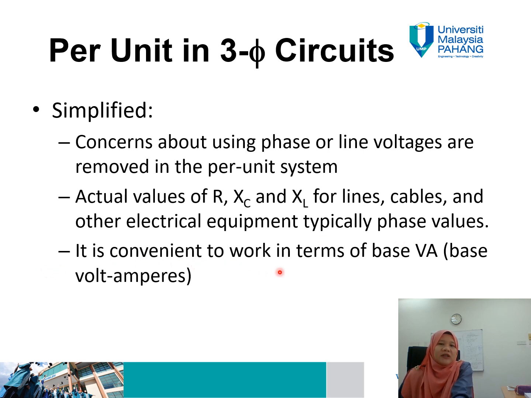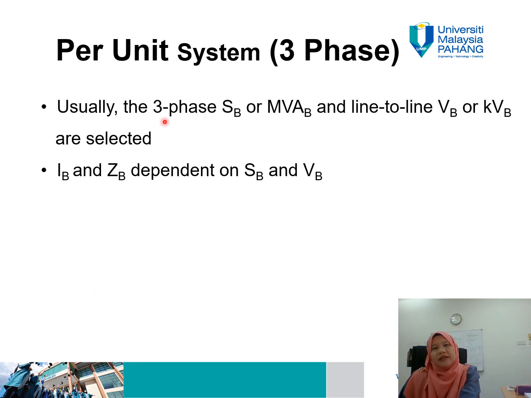It is convenient to work in terms of the base VA or base volt-amperes. In a three-phase system, usually the three-phase base apparent power or MVA base and line-to-line voltage V base or kV base are selected, and therefore we can calculate the base current and the base impedance depending on the base power and the base voltage.